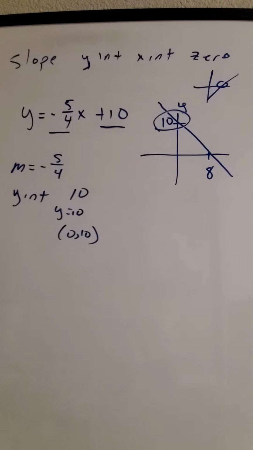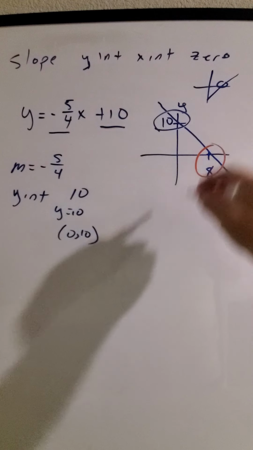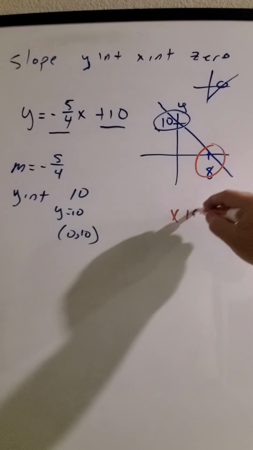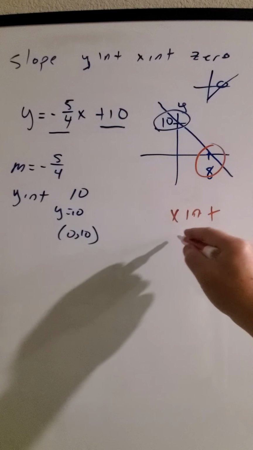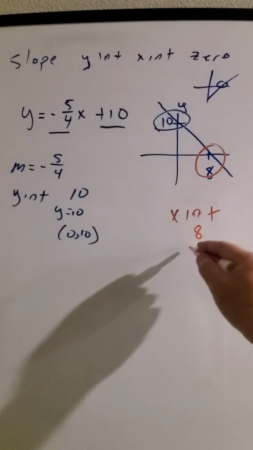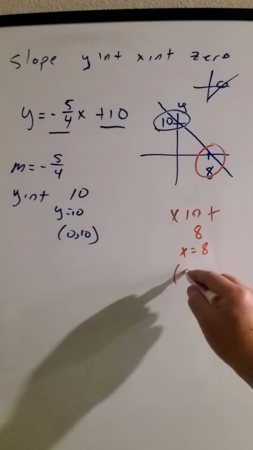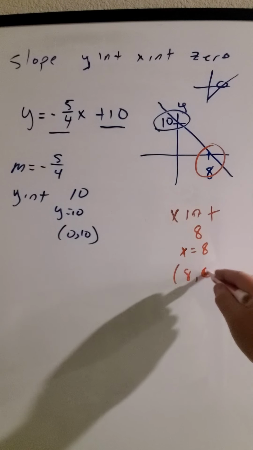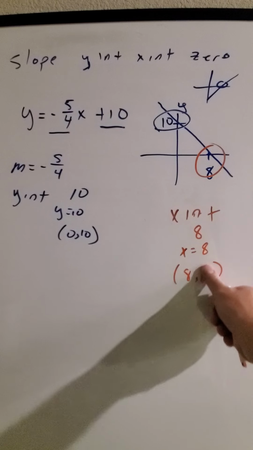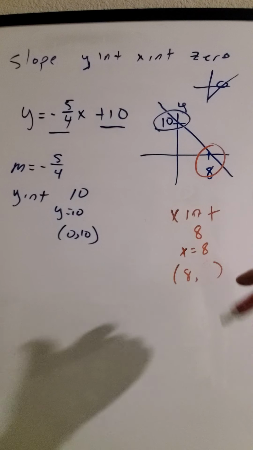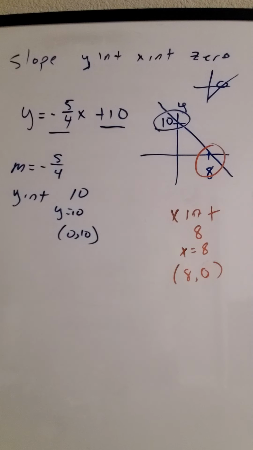Then, of course, we have the x-intercept. The x-intercept is right here at 8, or we could write it as x equals 8, or we could write it as 8, 0. In any one of those, as long as we identify that we're dealing with the x-intercept, we'll take care of it.